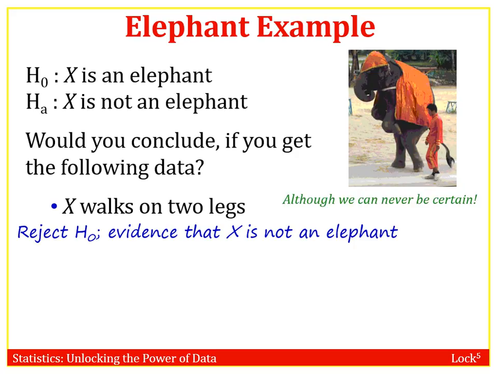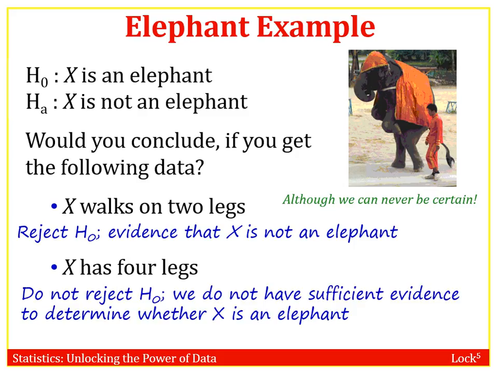However, you can't be certain, because is it possible an elephant can walk on two legs? Yes. Or you might say, oh, it has four legs. Well, you would then fail to reject, but you don't have evidence to say for sure that it is an elephant, because there's lots of animals that walk on four legs, not just elephants. So you can't prove that it's an elephant, but you did not find evidence to say that it is not an elephant.